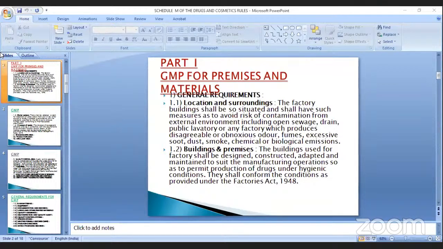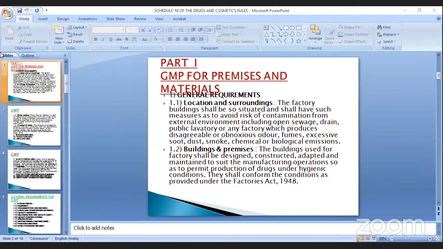There should not be any open sewage nearby the factory, open drain, public lavatory, or any factory which produces obnoxious odor, fumes, excessive soot, dust, smoke, or any chemical and biological emissions.